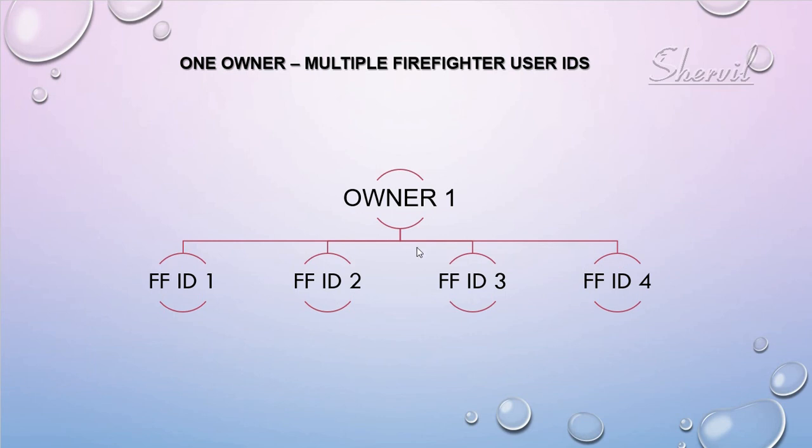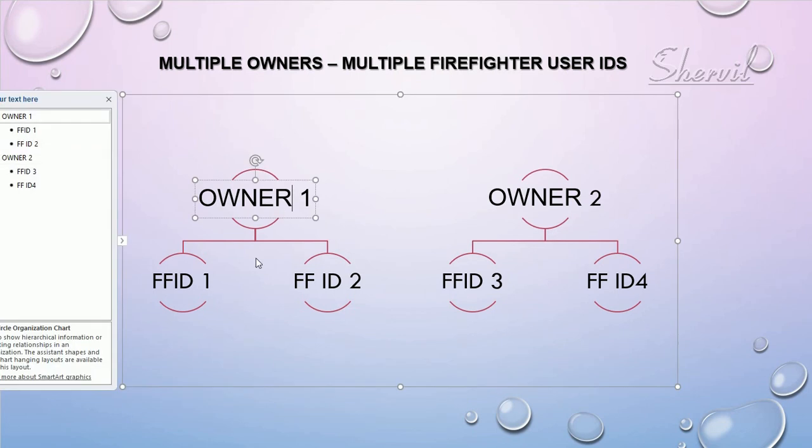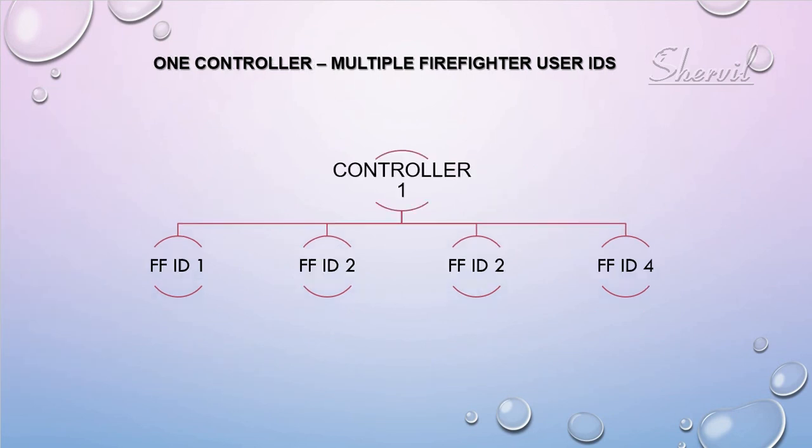This is again an example of that. One owner, multiple owners, and they own multiple firefighter IDs. So the security team owner owns FFID1, FFID2, and the basis team manager owns FFID3 and FFID4, okay?